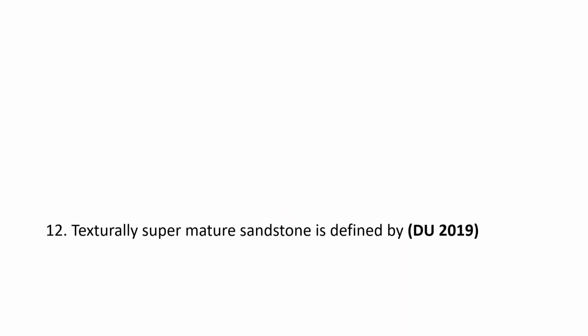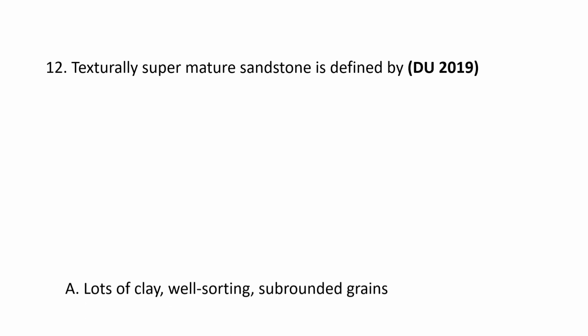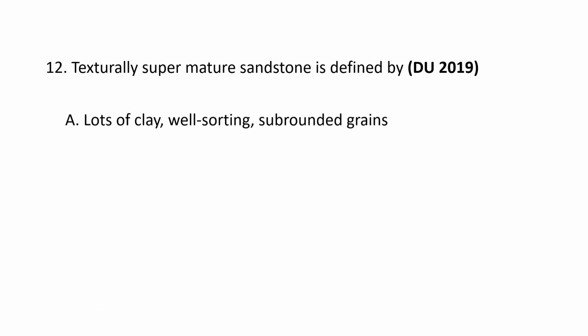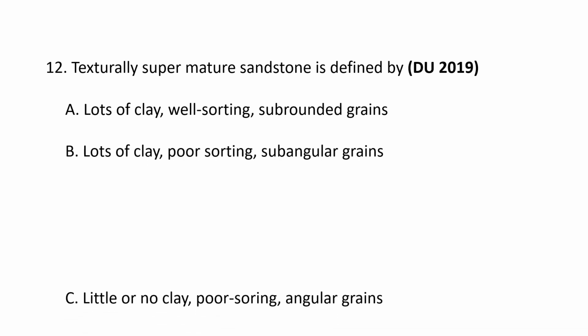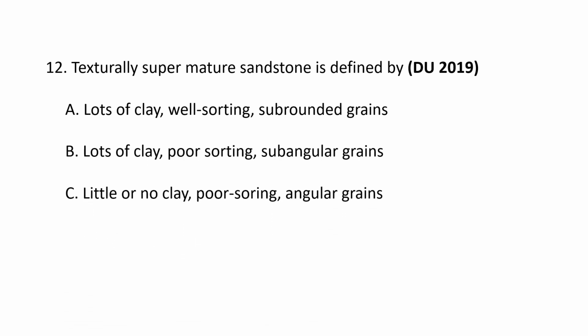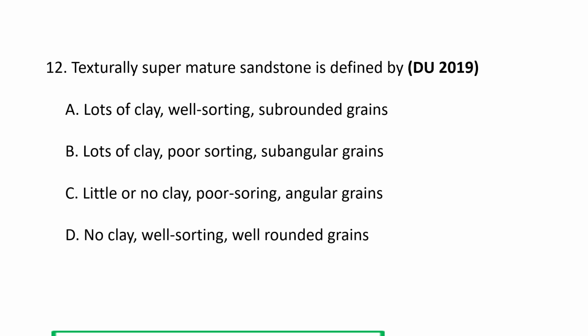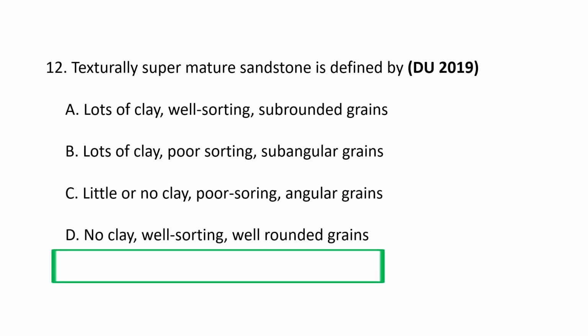Next question. Texturally supermature sandstone is defined by A. Lots of clay, well sorting, sub-rounded grains. B. Lots of clay, poor sorting and subangular grains. C. Little or no clay, poor sorting, angular grains. And D. No clay, well sorting and well-rounded grains.